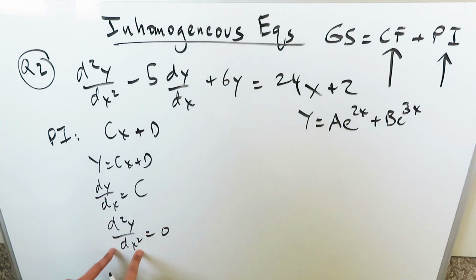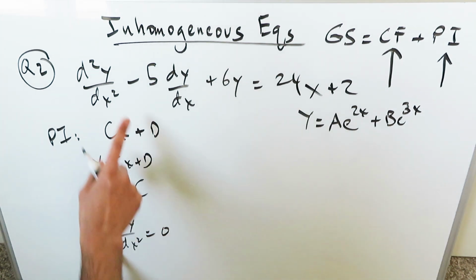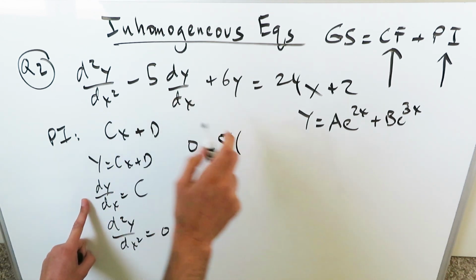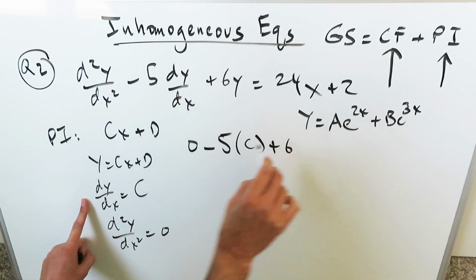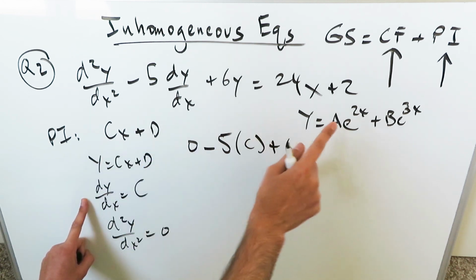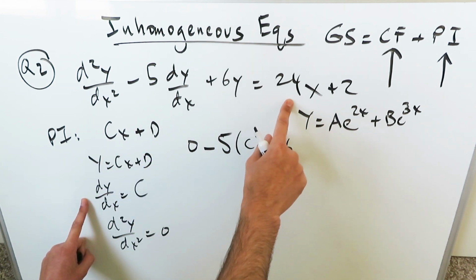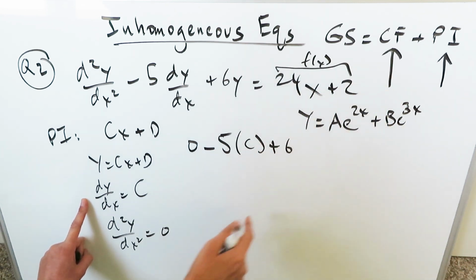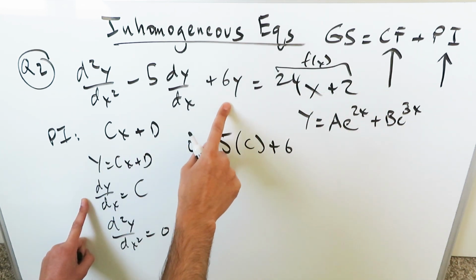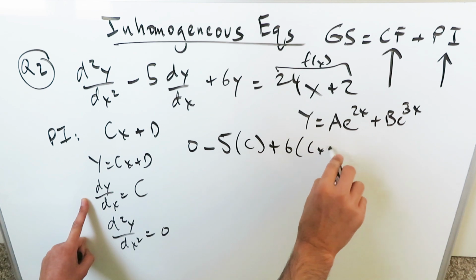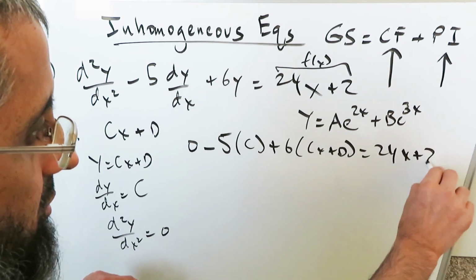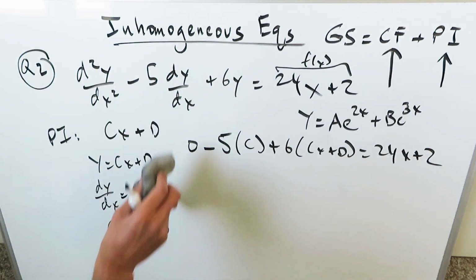I have d squared y, if my second order is equal to 0, I put it here, 0 minus 5 times dy over dx is equal to c, plus 6 times this cx plus d, because I know y is equal to this. Therefore y is equal to all of that, and you substitute it right here. 6 times cx plus d is equal to 24x plus 2. Systems of linear equations. You don't need to see this.